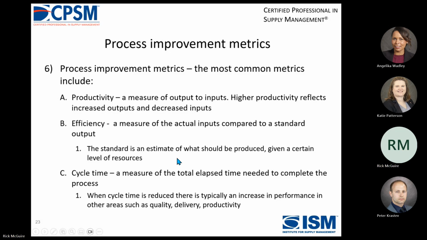So standard time it takes would be 3 minutes, but you're under that, so you're more efficient. Standard estimate of what should be produced given a certain level of resources. And then cycle time is a measure of the time elapsed needed to complete the process. When cycle time is reduced, there's typically an increase in performance or increase in productivity and efficiency.